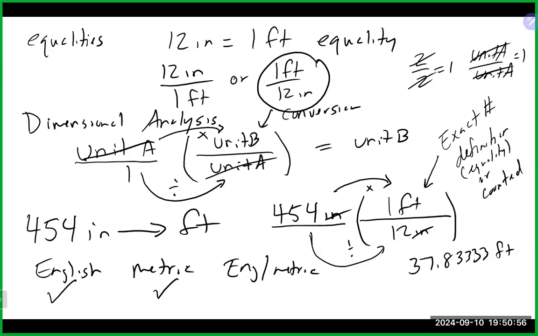You don't have to worry about it. The only time you do have to worry about it is if you cross over from metric to English, you do have to look at the conversion factor. So for example, 1 kilometer is 0.621 miles. We would have to look at this as miles is English, kilometers is obviously metric, right?